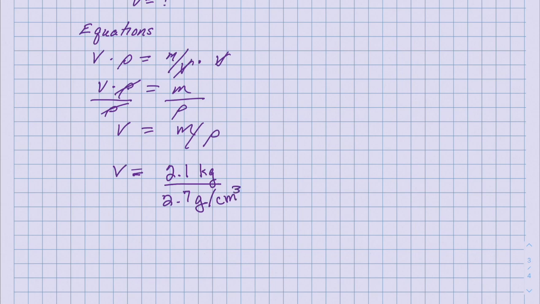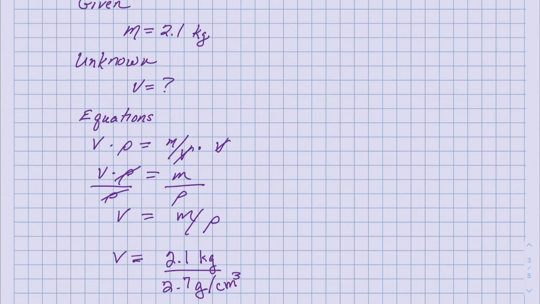But we will notice that we've got a problem because we have kilogram units in the numerator and gram units in the denominator. So what do we do here? What we need to do is convert kilograms to grams or grams to kilograms, either one, but we need to make sure we have the same units so they'll cancel out and we'll get a volume in cubic centimeters.